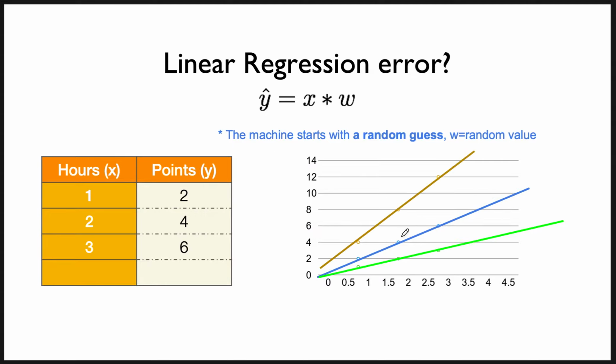For example, we have a random guess, and this is another random guess. So probably we have more cases like this. The goal is to find the line that is close to the true line.